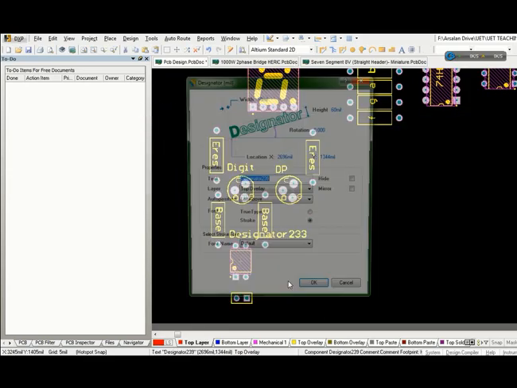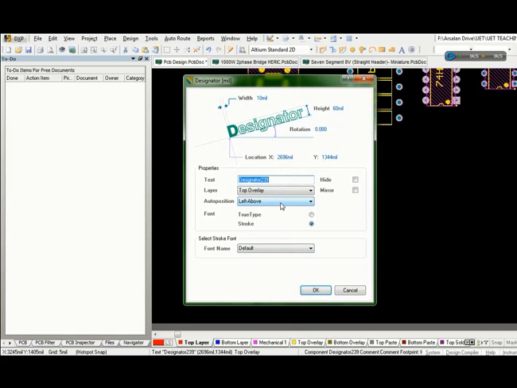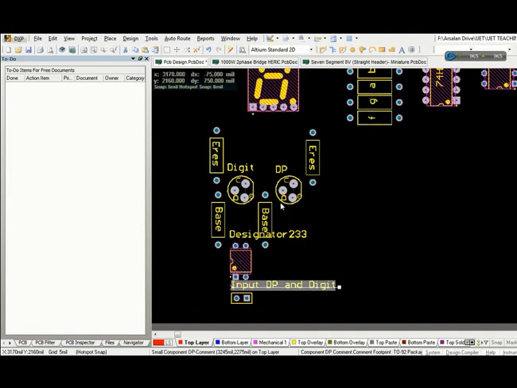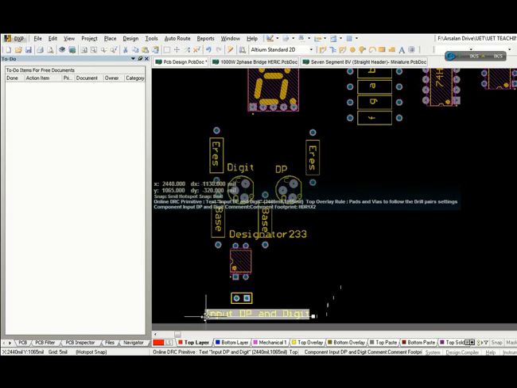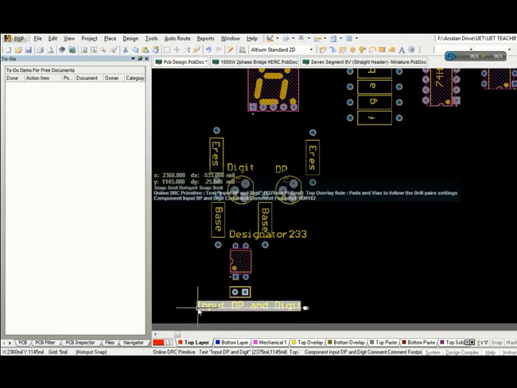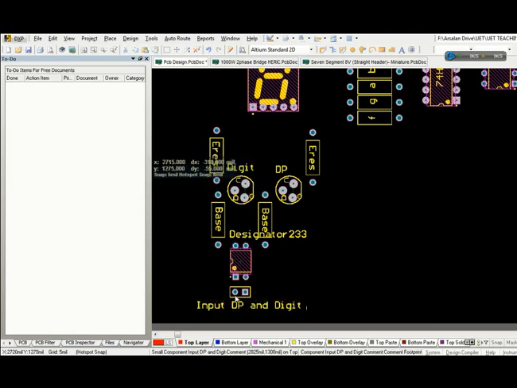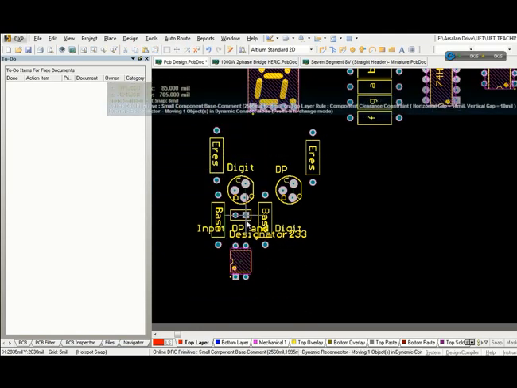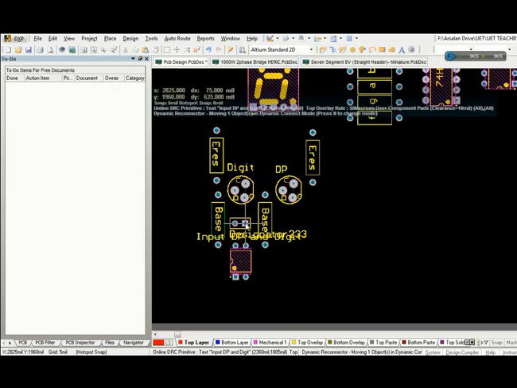So this is the input DP and a digit, 2 bits, and I need to get it on the other side of the dip switch over here. I will arrange them a little bit afterwards.